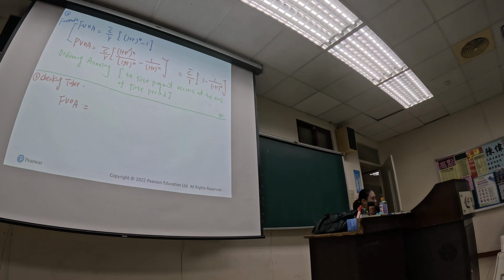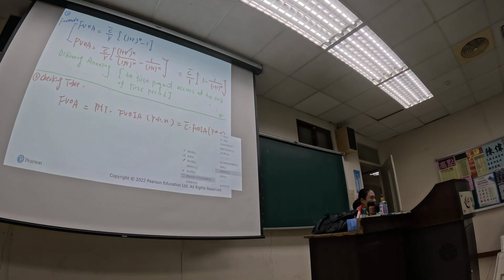FVOA would equal payment times FVIFA at R% and periods, equals to C, payment would be your constant cash flow each period, times FVIFA, future value interest factor of annuity, at R% and periods.